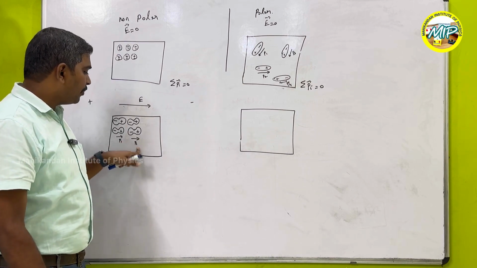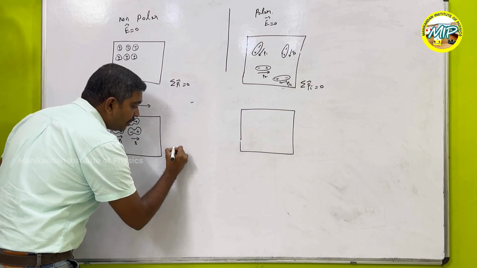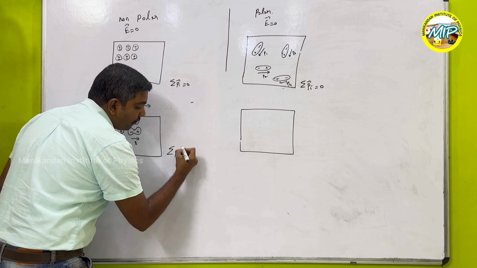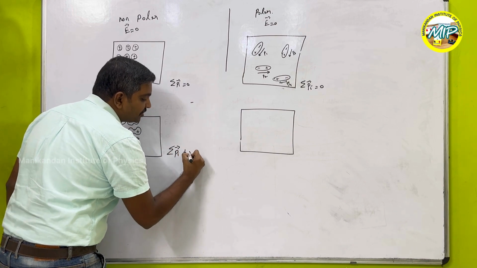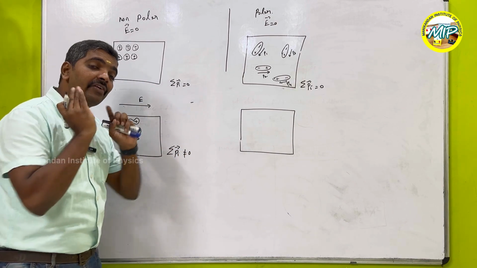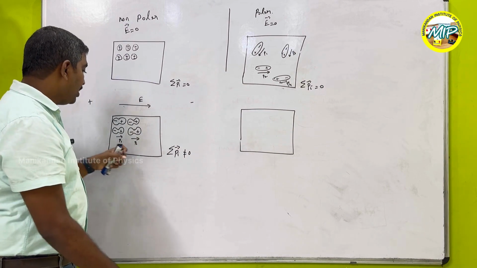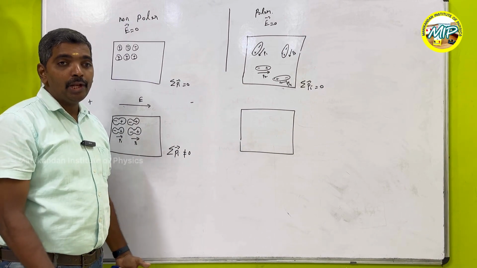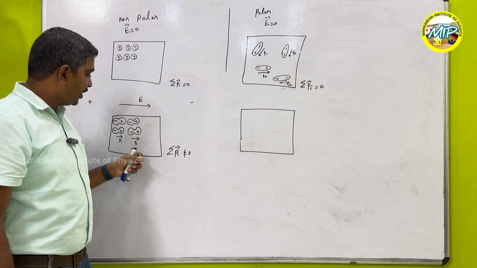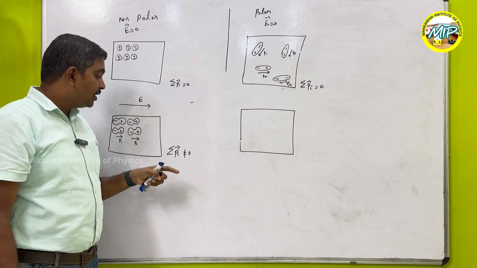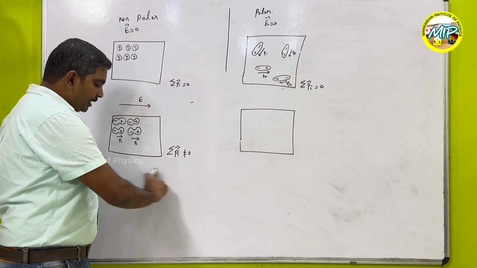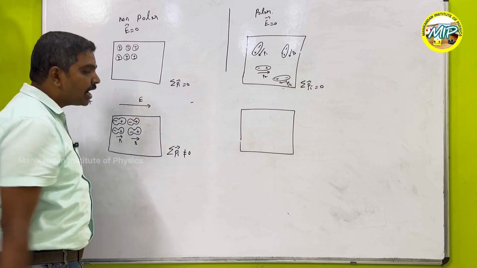If all the dipoles align in the same direction, my net dipole moment is not going to be 0. Since all the vectors align in the same direction, we have a non-zero value. We have a net dipole moment in the same direction, which is parallel to my external electric field.